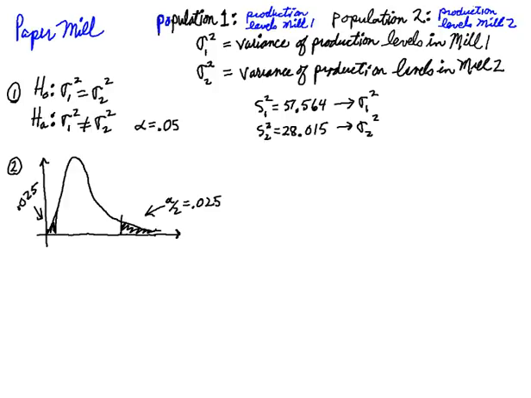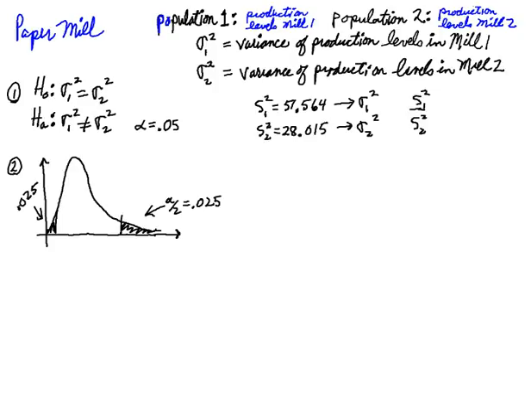Now, the distribution is a distribution of the quotients of these variances. So if we looked at all of the samples that we could possibly take from population 1 and population 2 and calculated the variances on those samples and took the quotients, those quotients would make up what's called the f-distribution.